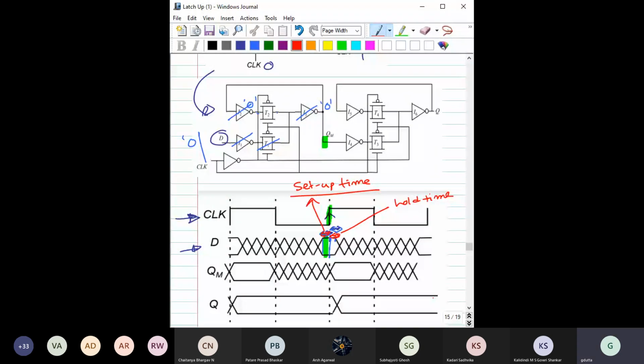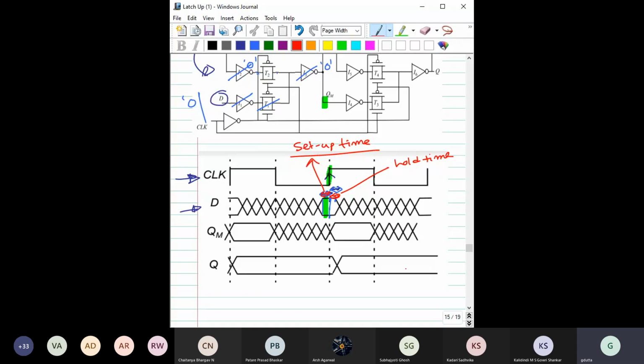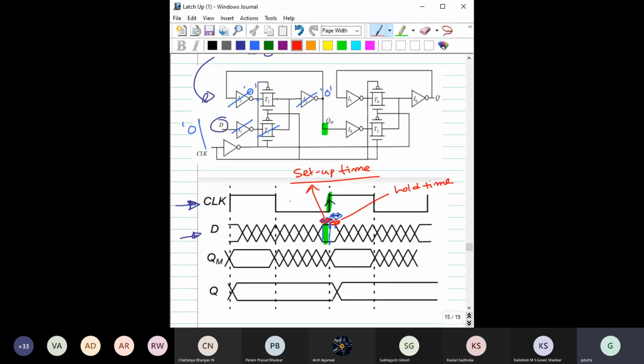There is one more term that is called the propagation delay, and that basically indicates the time, say, propagation delay.